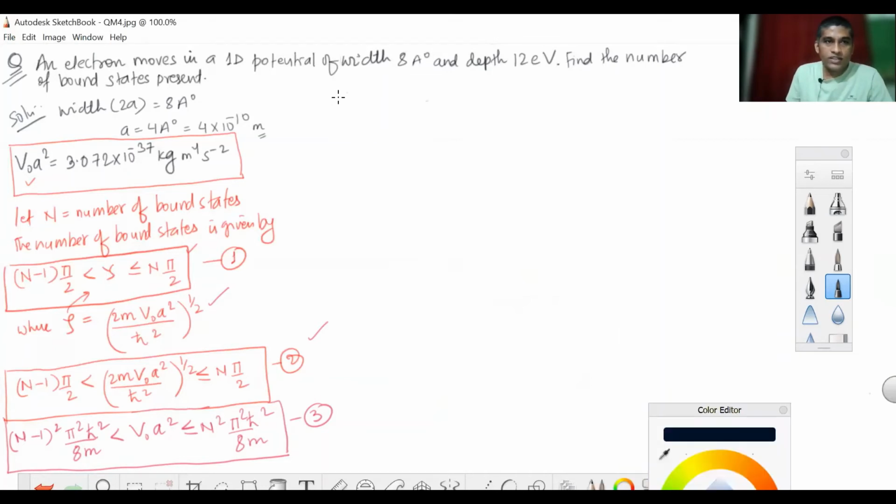So I'm writing over here, okay? We get this (n minus 1) whole square pi square h bar square by 8m is less than V naught a square, which is less than or equal to n square pi square h bar square by 8m.